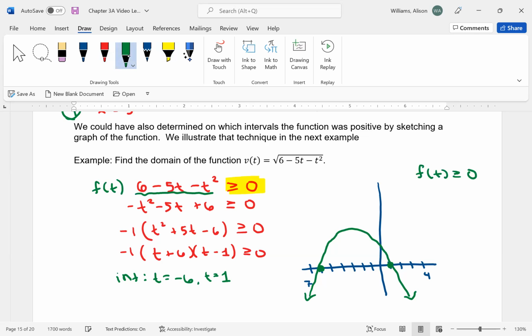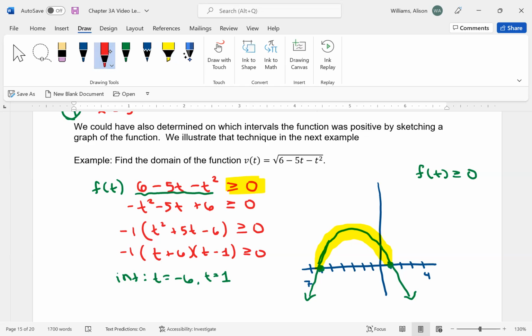And f of t represents the y values. So the y values are going to be bigger than or equal to 0 whenever they're above the x-axis. So on the graph, that's all of these values right here. All of those values are representing positive y values. So basically, all the values of y that occur between the two intercepts.